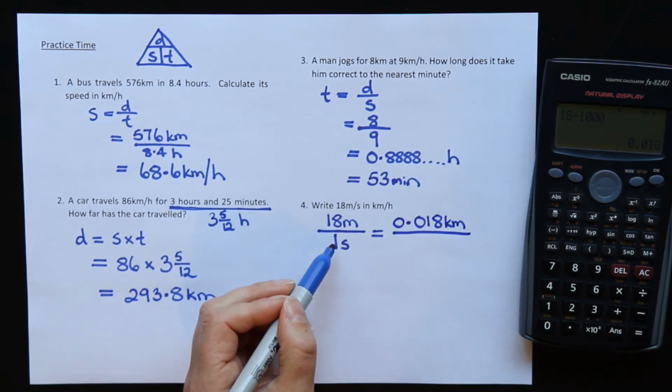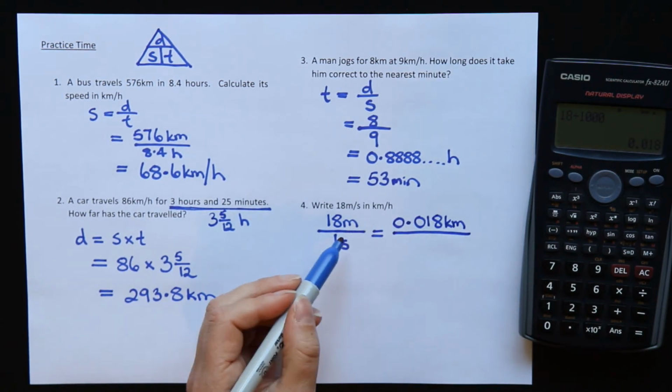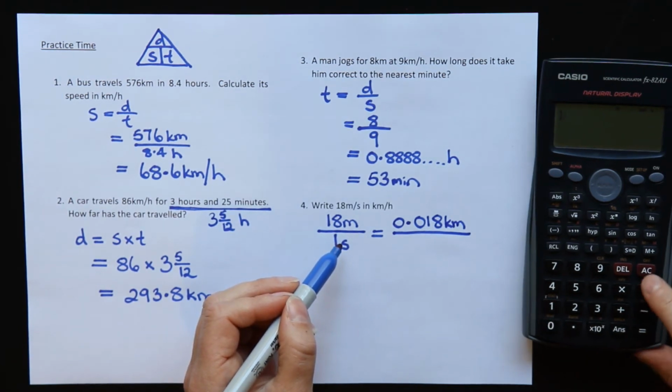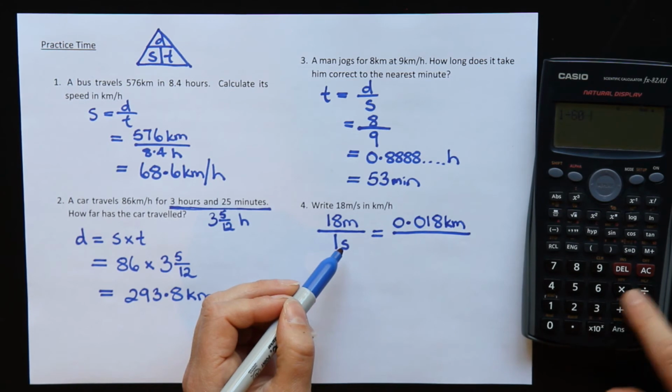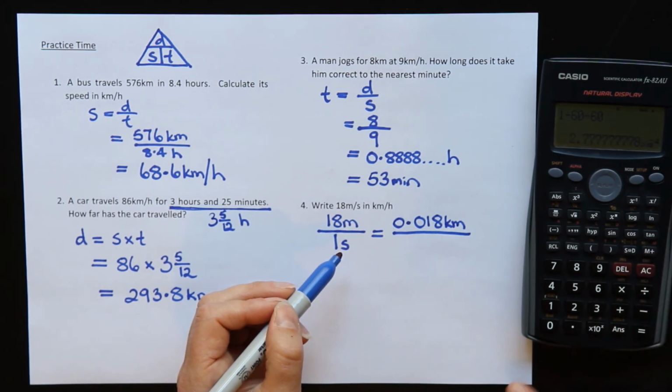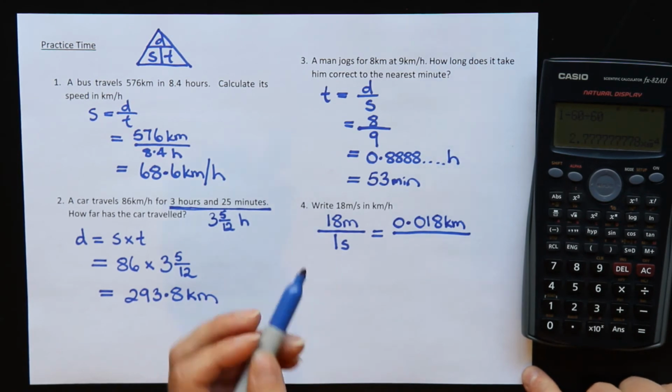Okay, to change 1 second into hours, you think a second is very, very small compared to an hour. First of all, I need to divide by 60 to turn it into minutes. And I need to divide by 60 again to change that into hours. And it's a very small fraction there. Or I have a decimal, but that's actually in scientific notation.